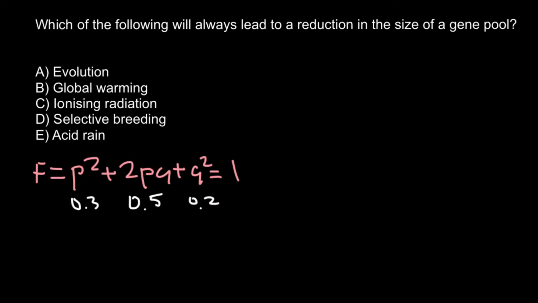That means that we don't have mutations, we don't have assortative mating, we don't have migrations that can change allelic frequencies, and we don't have any different fitness of different genotypes.